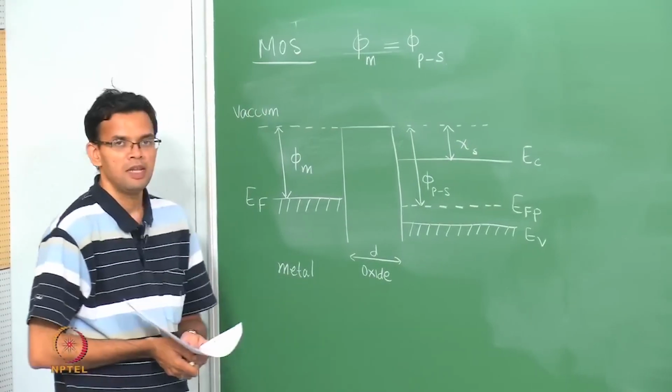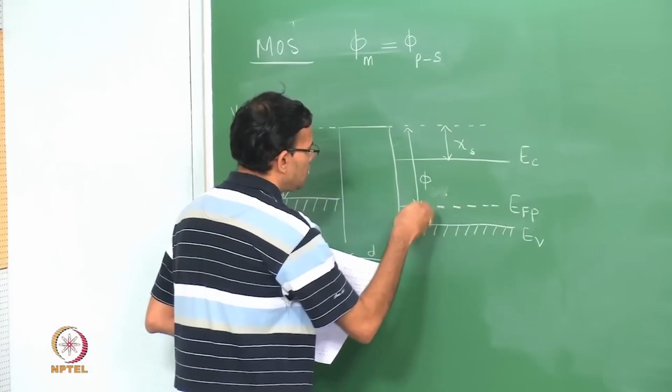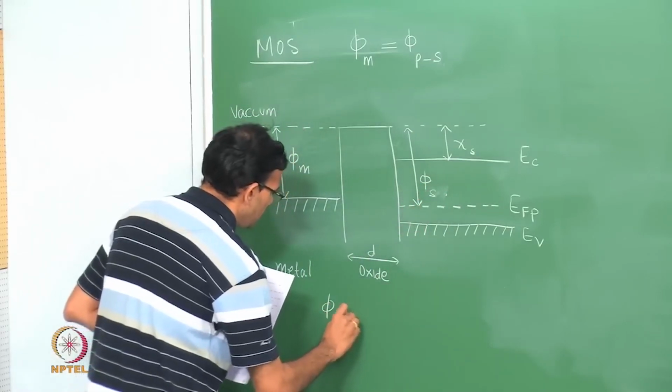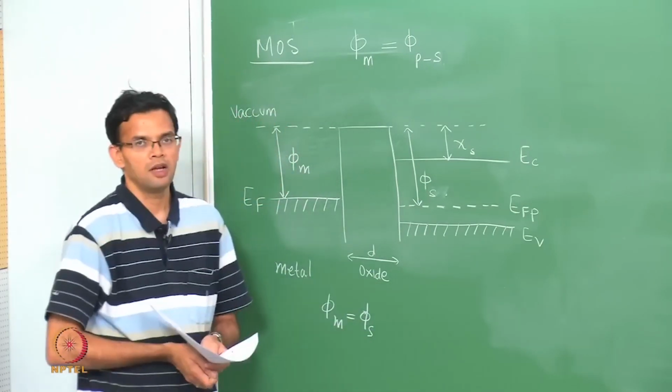So, in this diagram let me just drop the subscript p. So, I will just call this psi s. So, just saying psi m is equal to psi s, but we know that we are starting with a p type material.